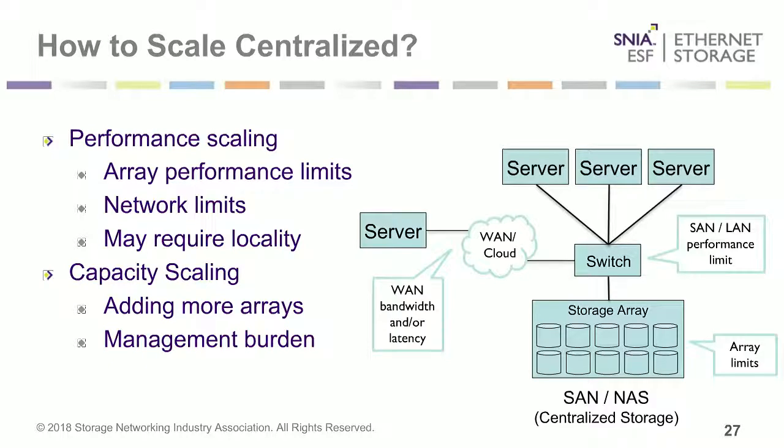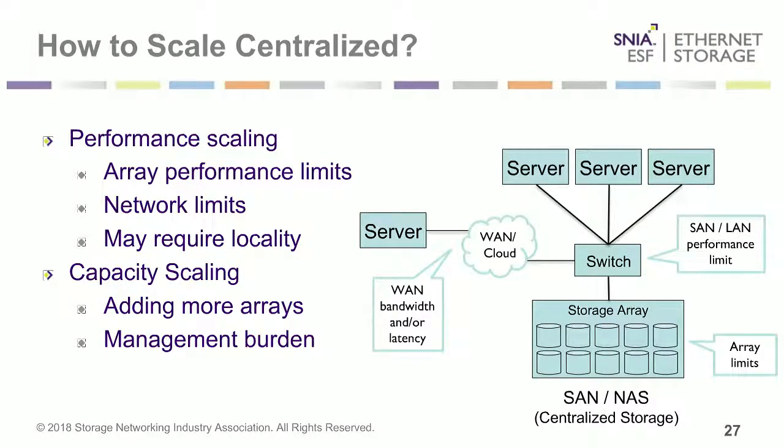The other issue is the network may have some kind of limit. So the connections from the server to the switch, or in the switch, or the connections from the switch to the storage, the network can have some kind of limit, typically a bandwidth limit, or there may be a budget limit where you can't afford to keep expanding the performance of the network. And there's also the issue, as we mentioned, that you may require locality.